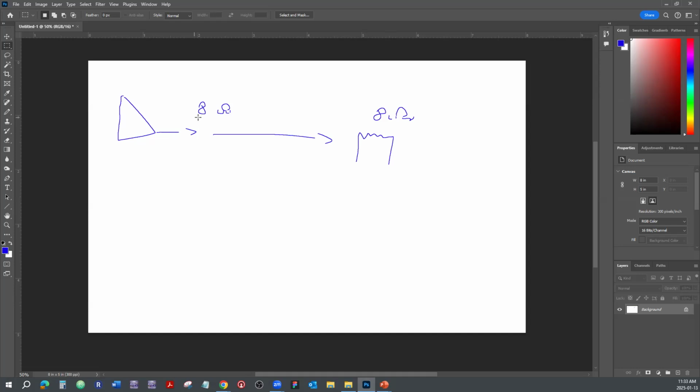As I said, 8 ohms is the most common impedance on the output of an audio amplifier. There are also amplifiers designed for 4 ohms, even as low as 2 ohms, or some of them are 45 ohms and so on. But let's say we're dealing with 8. Why do we need these to be matched?